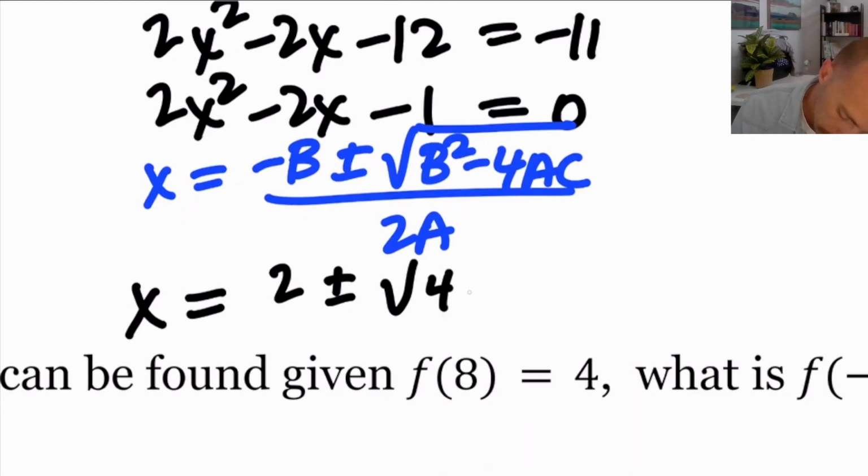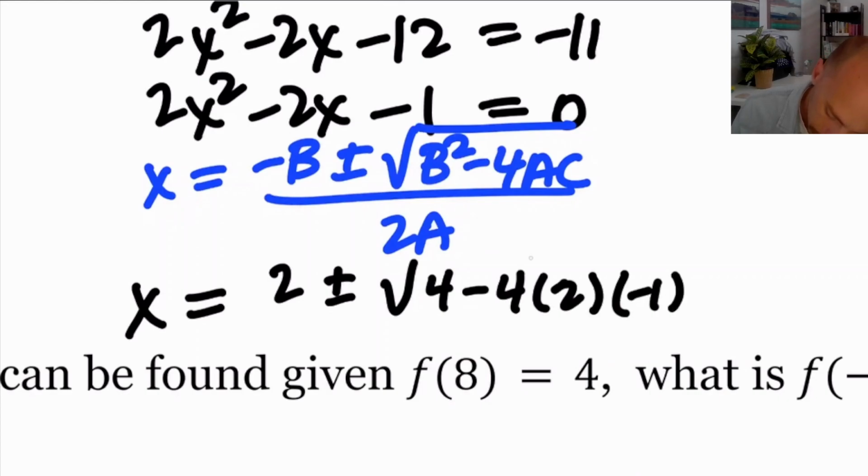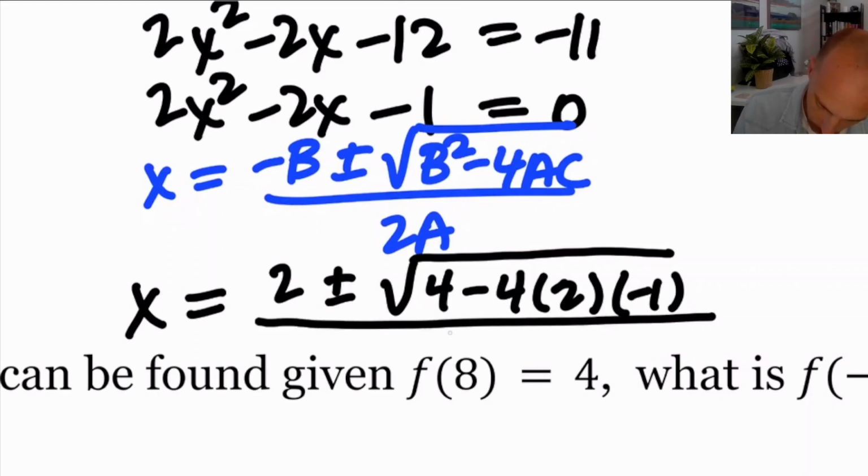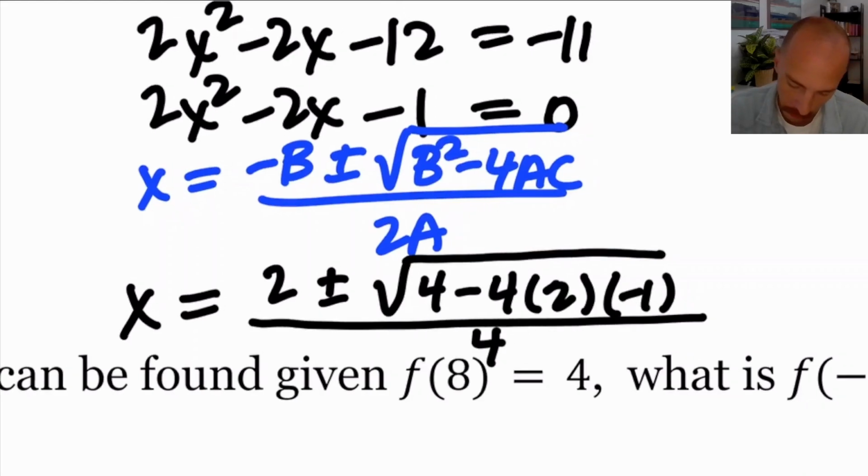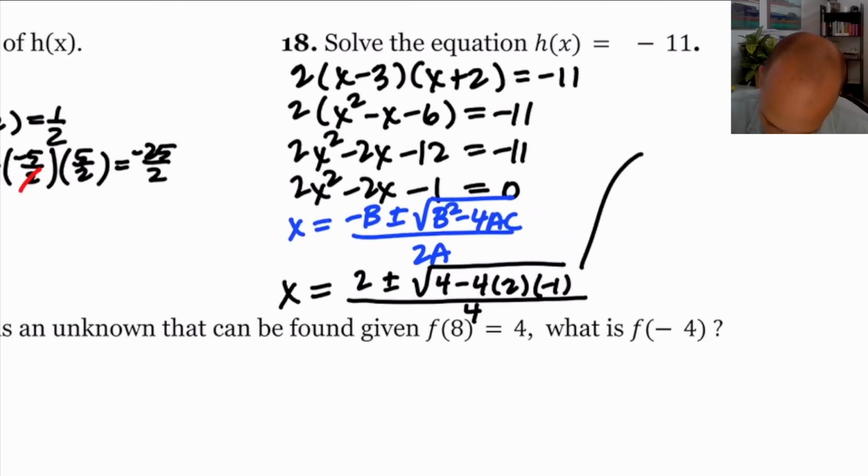That's positive 4 minus 4 times a times c. All over 2a would be 2 times the leading coefficient. And I need a little more space. Go back up here. So this is x equals 2 plus or minus the square root of 4 plus 8 is 12 all over 4.